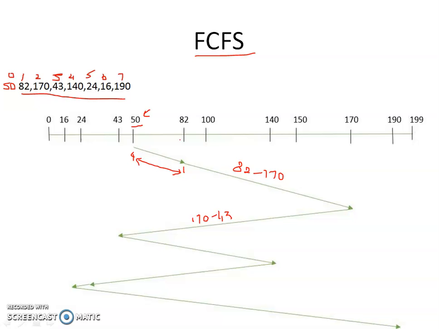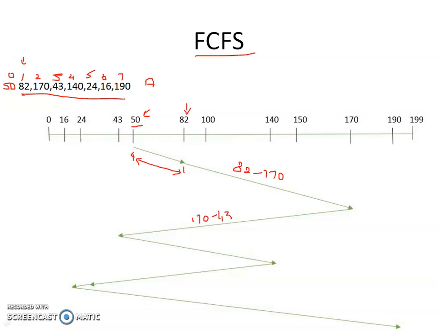Then in order to find the difference, when you are scanning the first symbol, that is 82, it is at index location 1. So you need to take the difference. If the array name is A, the seek time should be the sum of the differences. You first take the difference between A of I minus A of I minus 1.